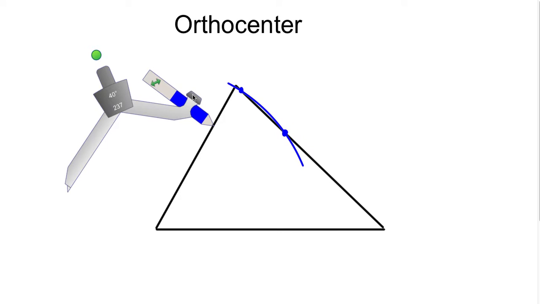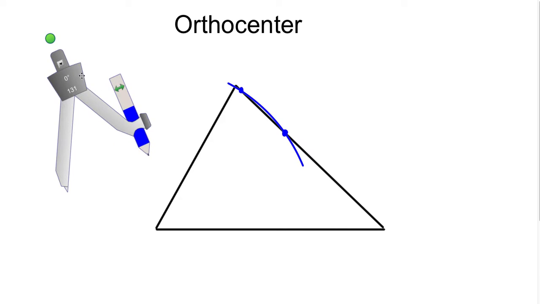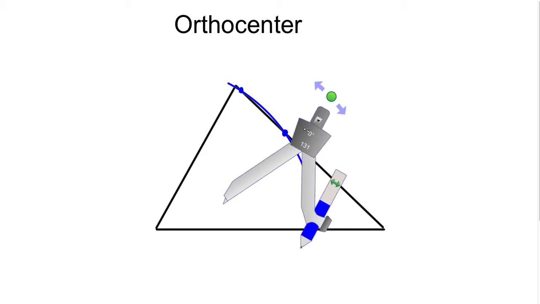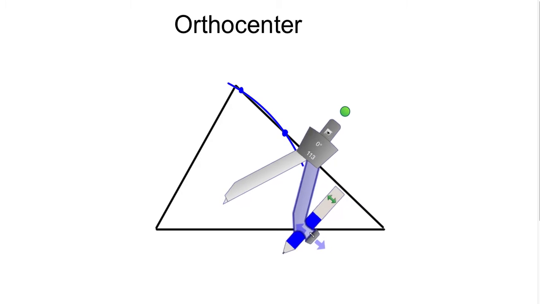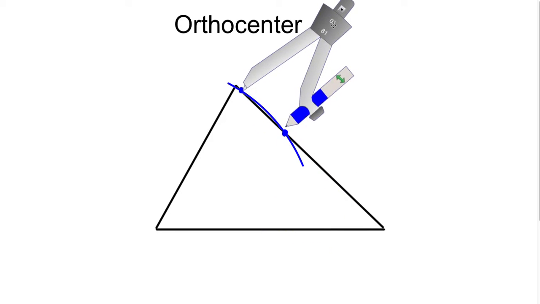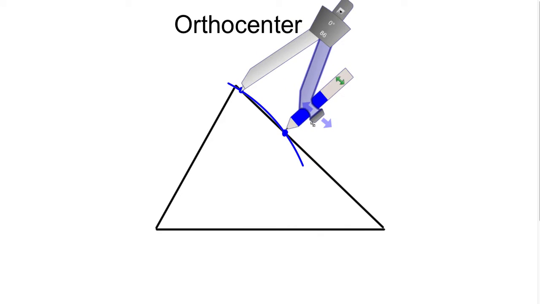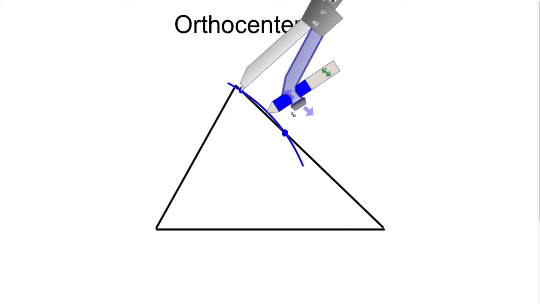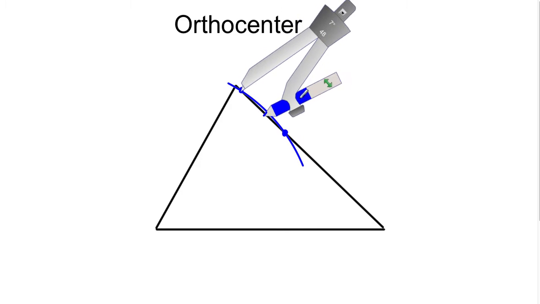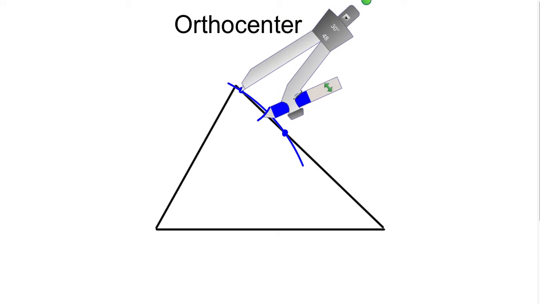Once I have those 2 points, then I'm going to want to bisect this and draw a perpendicular bisector. So if you remember doing that before, we need to measure the distance between these 2 points and extend our compass just over halfway, maybe about there, and draw an arc.